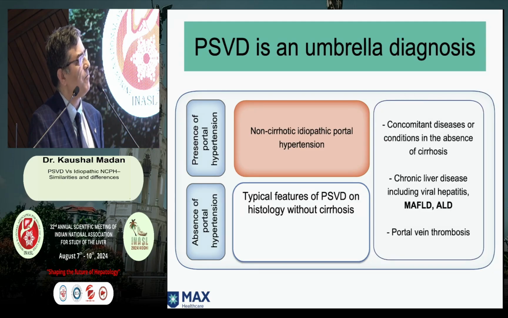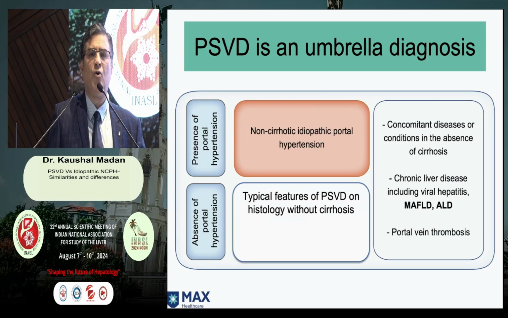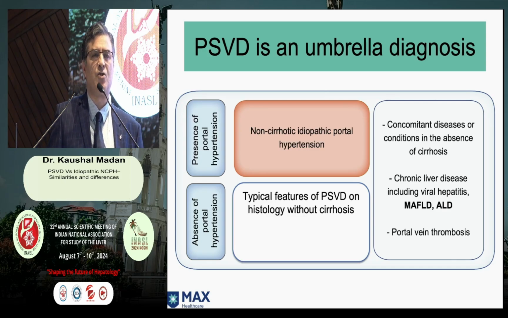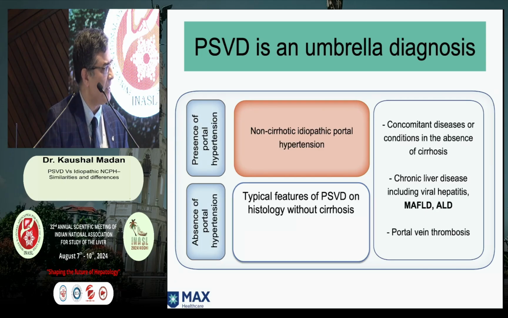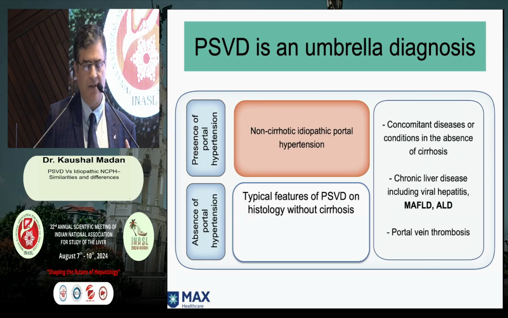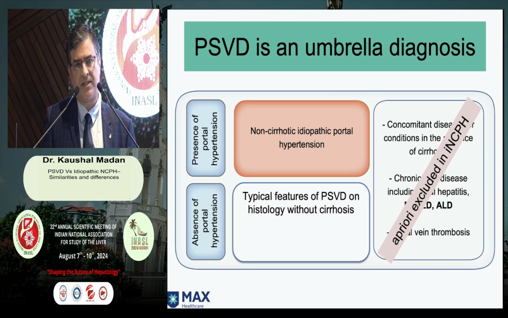It also encompasses chronic liver diseases, including, say, chronic hepatitis B, chronic hepatitis C, MASLD, or ALD, who have not yet developed cirrhosis, but if you do a biopsy, you find OPV. So a CHB patient who has OPV but not developed cirrhosis will also be called PSVD. And portal vein thrombosis is included. These conditions were a priori excluded in INCPH.